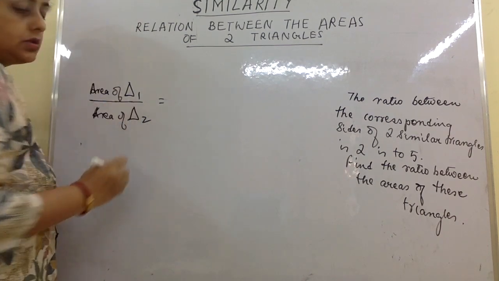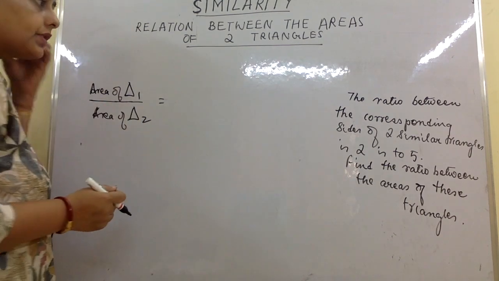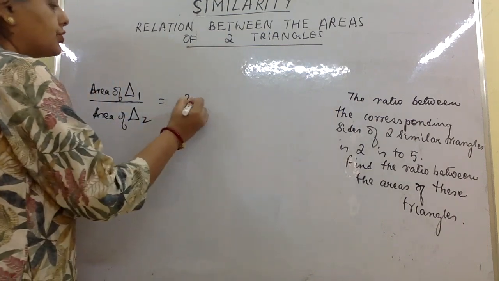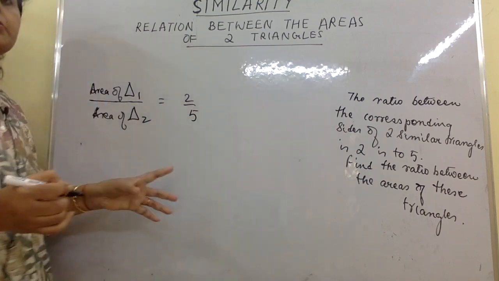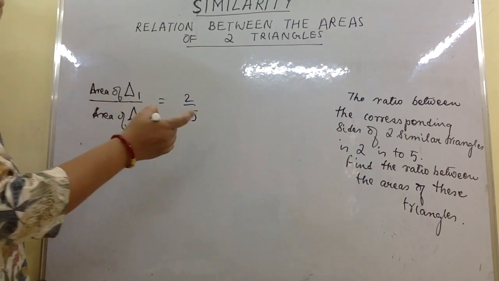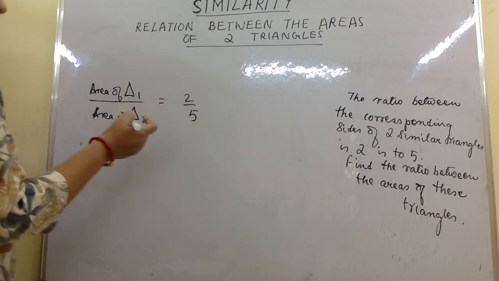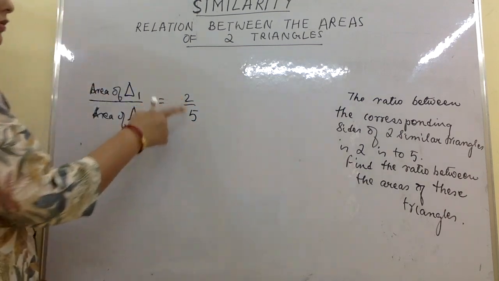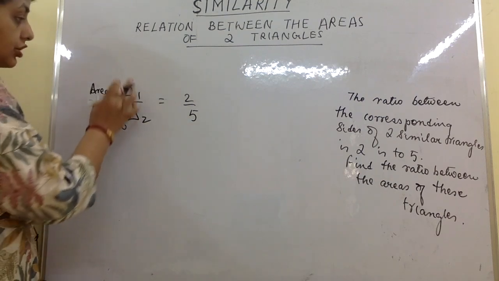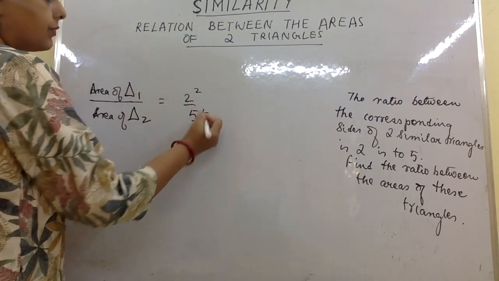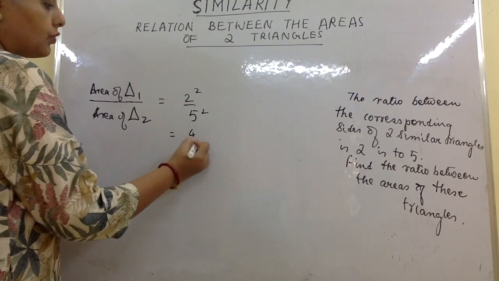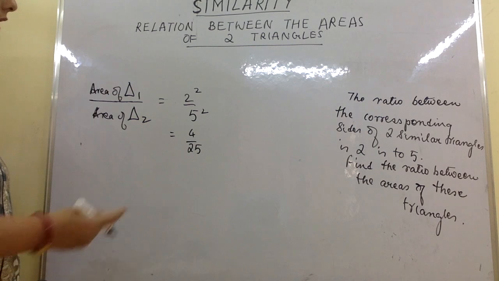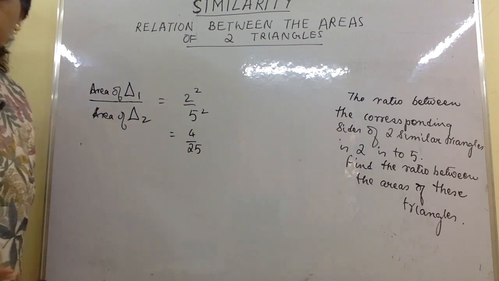That is equal to the corresponding sides, which have a ratio of 2:5. Now here in this question we have to be very careful. They didn't say square of the corresponding sides, they said only corresponding sides. So if we want to find the ratio between the areas according to the theorem, we have to square them. So 4/25. So the ratio between the areas is 4:25.